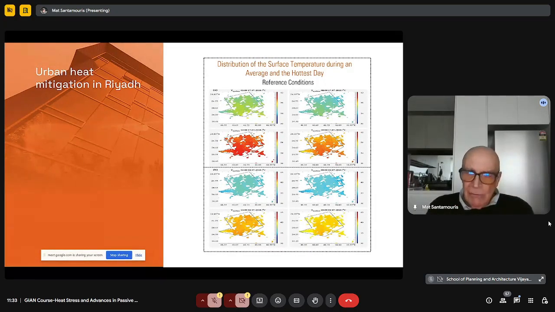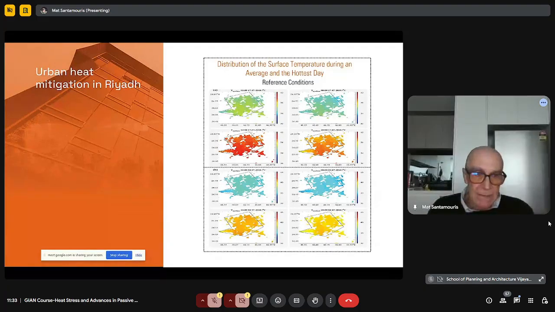Once we had a good understanding of the distribution and the characteristics of the ambient temperature, then we had to assess and understand the surface temperature. Why is the surface temperature at the city scale important? Because it defines the mean radiant temperature, and the mean radiant temperature is very important for comfort reasons.